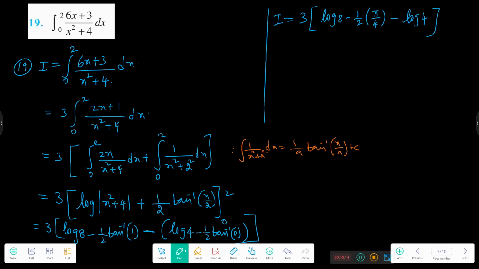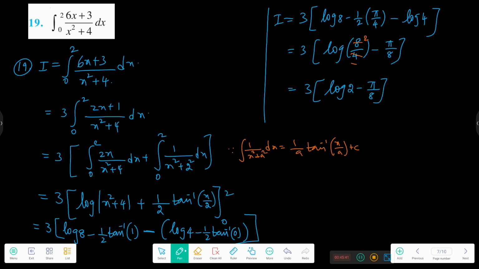Now for both logs we can use the log A by B formula. So 3 log of 8 divided by 4, minus 1 by 2 into pi by 4, 2 fours are 8. 3 is common outside. So log 2 minus pi by 8. You can stop here.